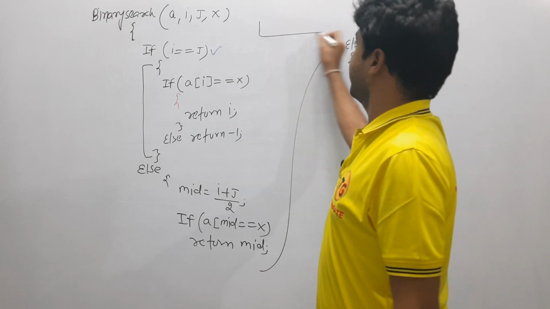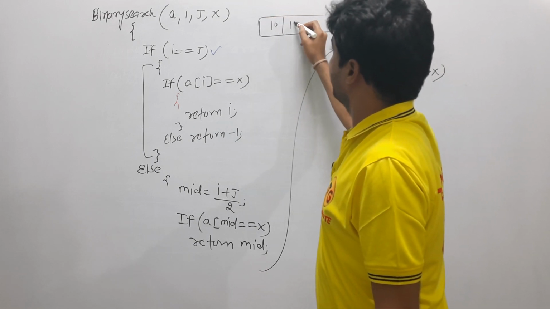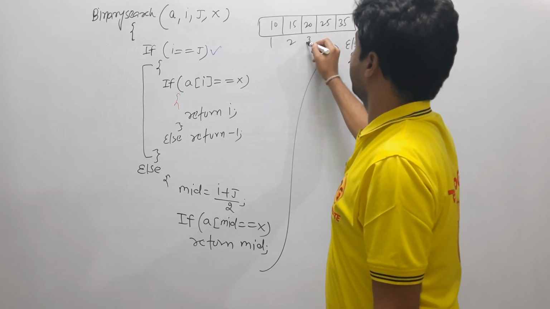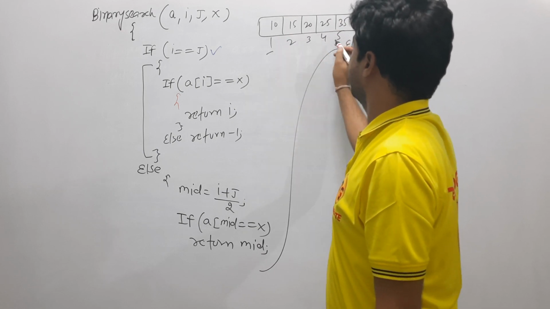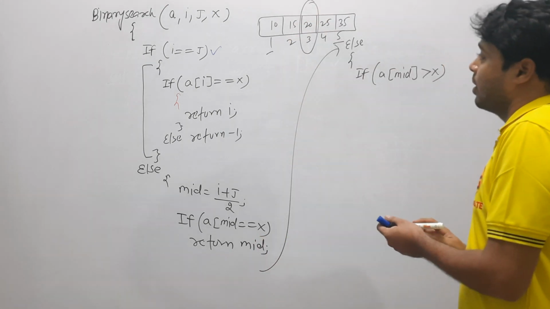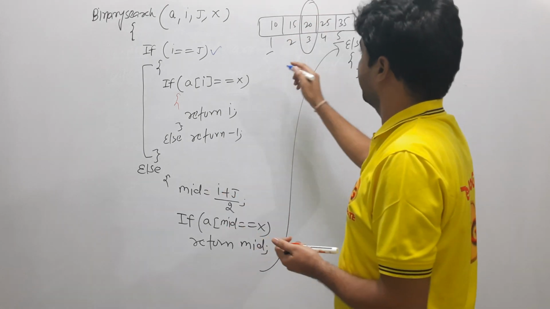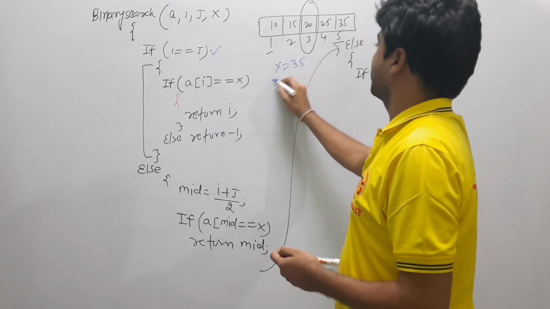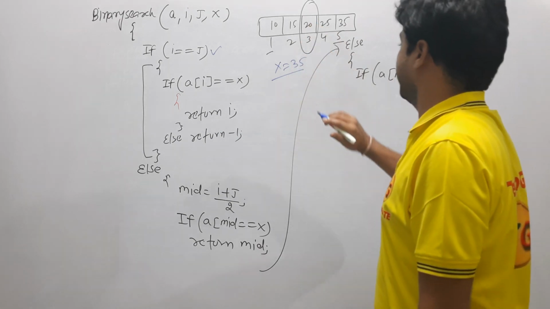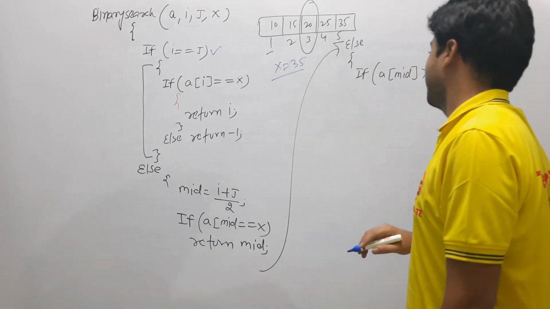Suppose the array is 10, 50, 20, 25, 35 at positions 1 to 5. Mid is (1 plus 5) by 2. We want to search x equal to 35. Mid element is 20, and x is 35, so the condition is false.